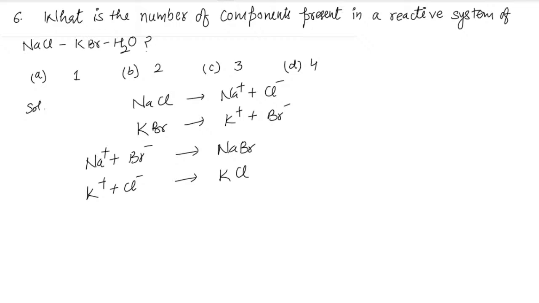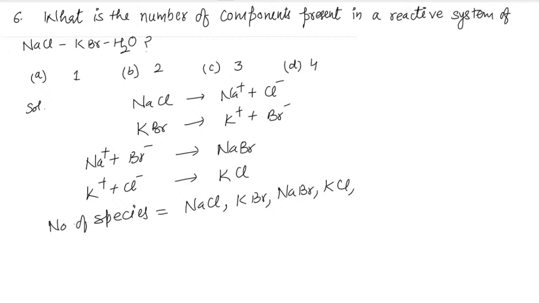So number of species, tell me how many species are there? First species are NaCl, KBr, NaBr, KCl, K plus, Na plus, Cl negative, Br negative, H2O.